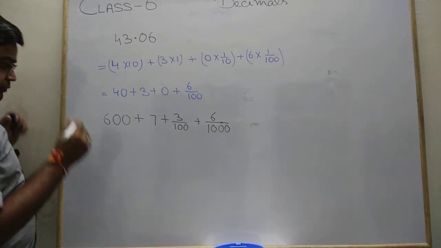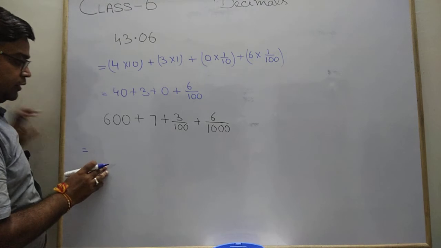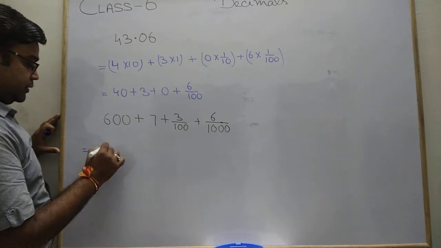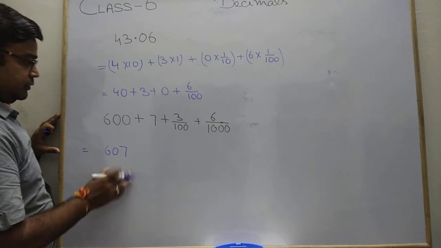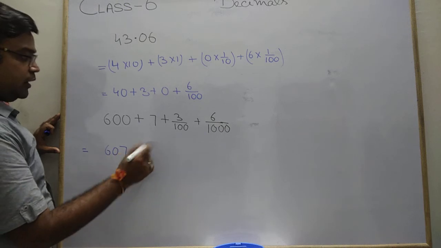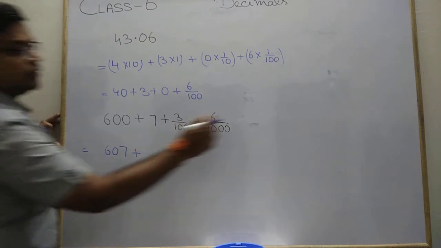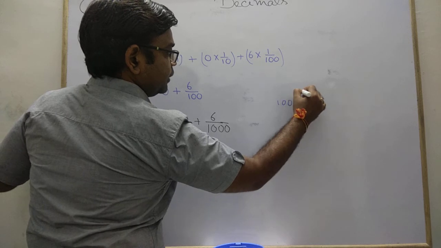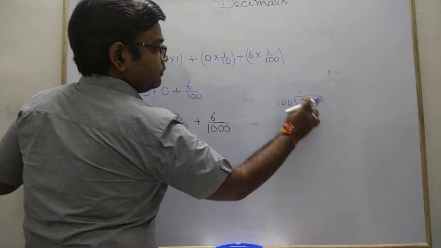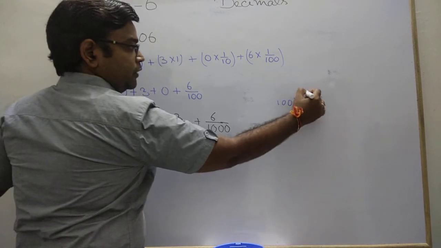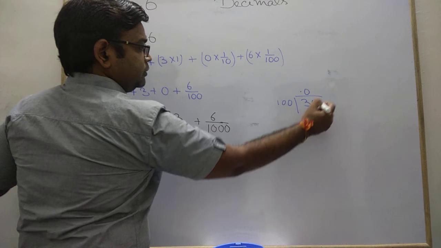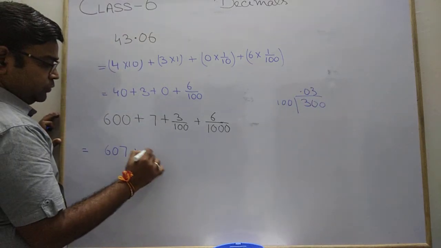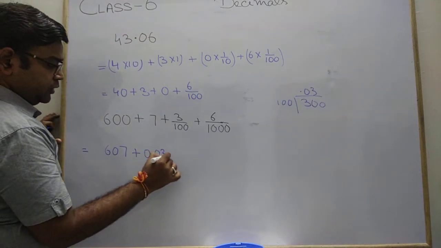So let's start. We simply add them: 607 plus, now in rough we divide 3 by 100. What do we write? 0, then the decimal, then again 0, then 3. So it means 0.03.